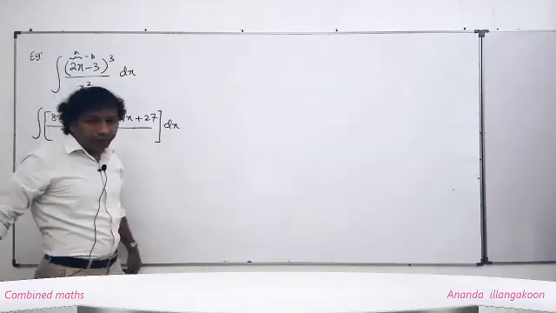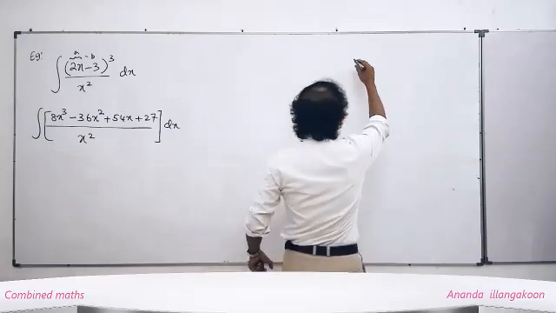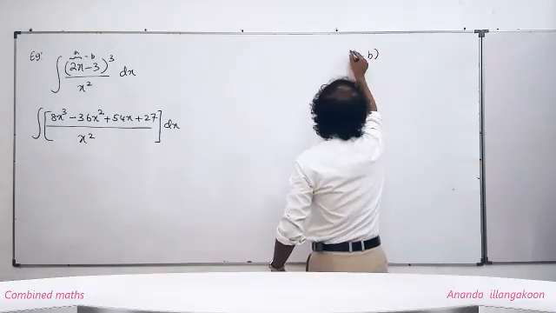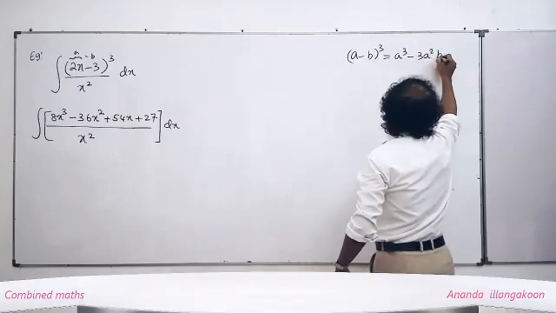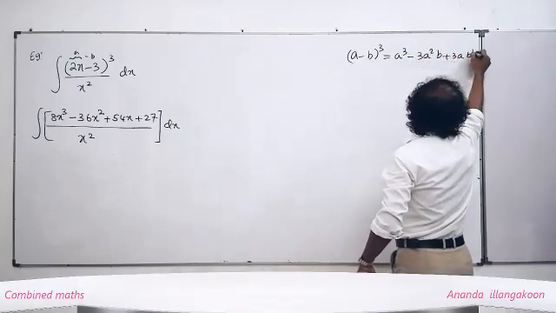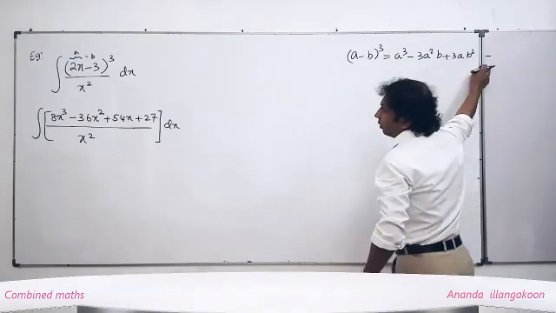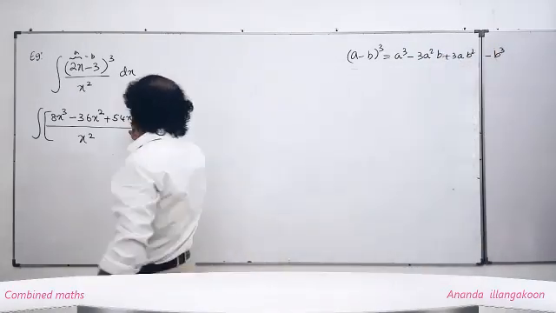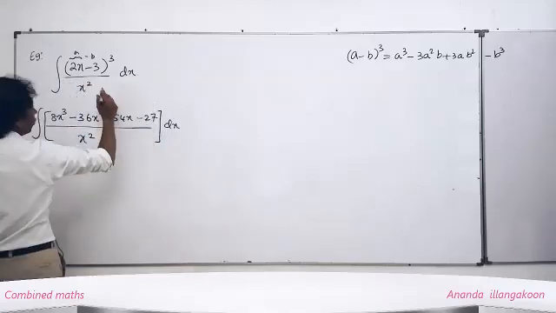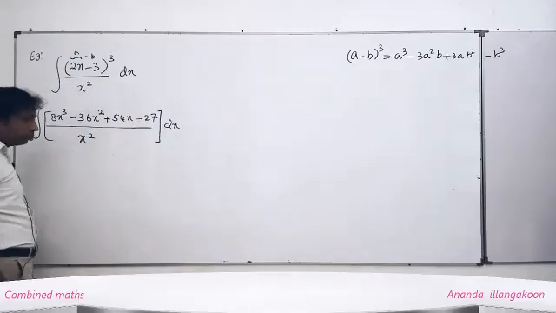Right? There I used the expansion of a minus b cube: a cube minus 3a squared b plus 3a b squared, people, minus b cube. Then here not plus 27, minus 27, right? 3 to the power 3. Okay, no?